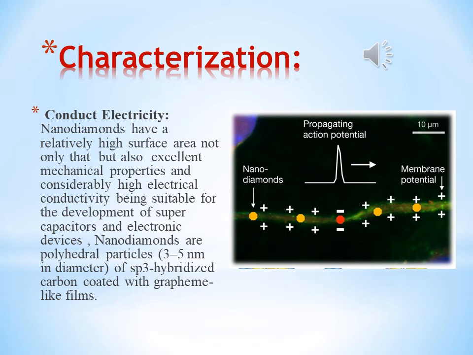Not only that, but also excellent mechanical properties and considerably high electrical conductivity, being suitable for the development of supercapacitors and electronic devices. Nanodiamonds are polyhedral particles from 3 to 5 nanometers in diameter of sp3 hybridized carbon coated with graphene-like films.